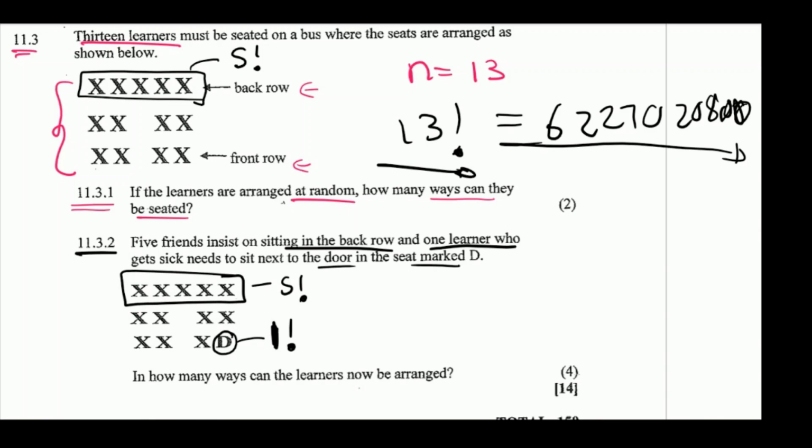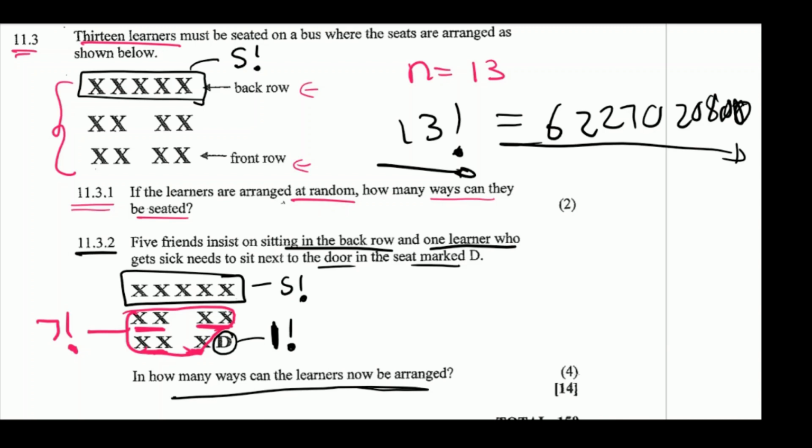In how many ways can the learners be arranged? There will be other learners sitting at these other empty seats here. How many are these seats? There are 7. So these learners will also sit at 7 factorial. What that means is all these learners will sit on each of these seats.